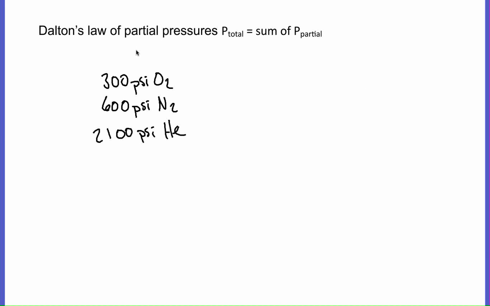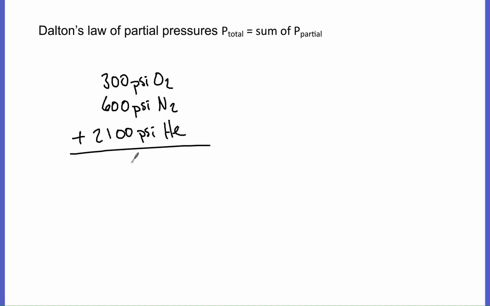If I told you that there was a trimix blend of gases in a scuba tank for somebody who's going to dive deep in the ocean that had 300 psi oxygen, 600 psi nitrogen, 2100 psi helium, the only thing you'd have to do to know the total pressure of the system is just add up all those parts, right?